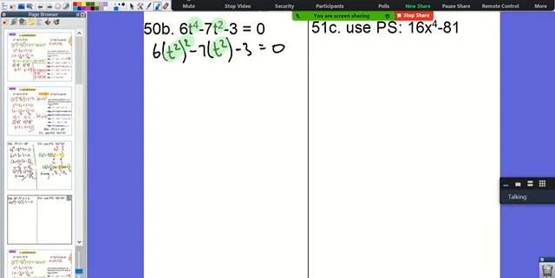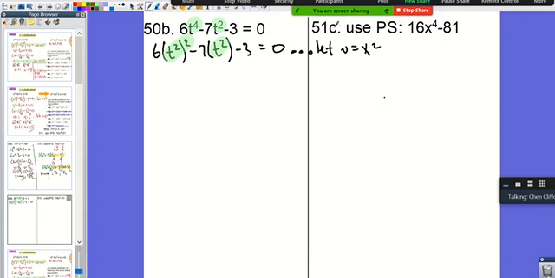Okay. Now we're going to substitute, okay? We're going to let u equal x squared, and you don't have to worry about this right here. Okay, we're going to let u equal x squared.